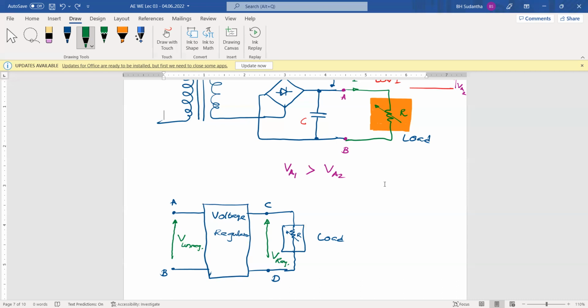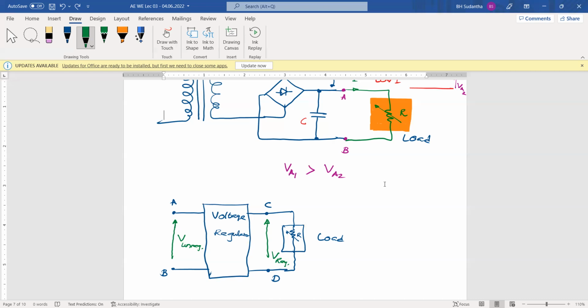Why? All the specifications they mention are the same, but the high price one has an inside voltage regulator, and it can provide regulated voltage. When you take 1 ampere maximum current, still it can provide 12 volts. When you take 100 milliampere current from the power supply, still it can provide 12 volts.